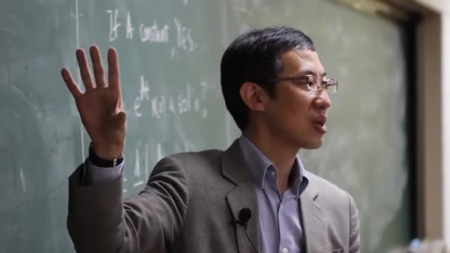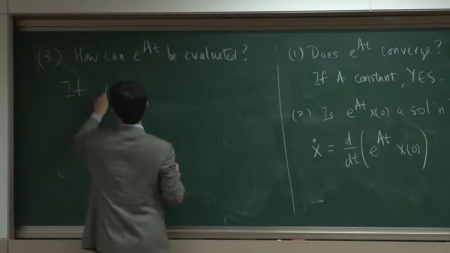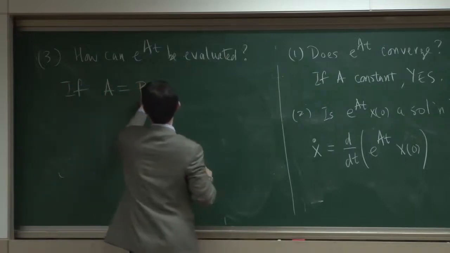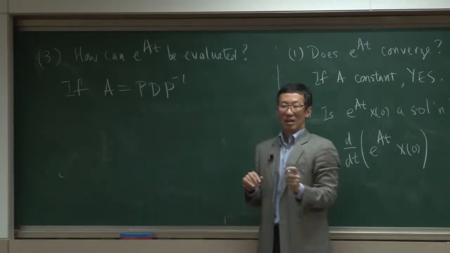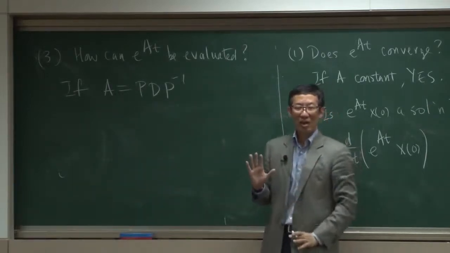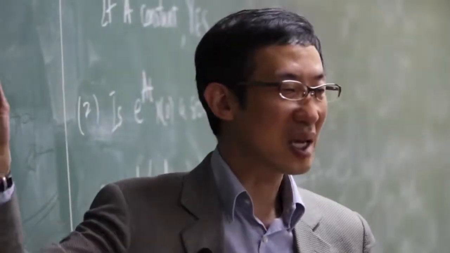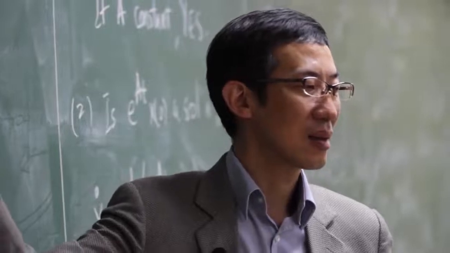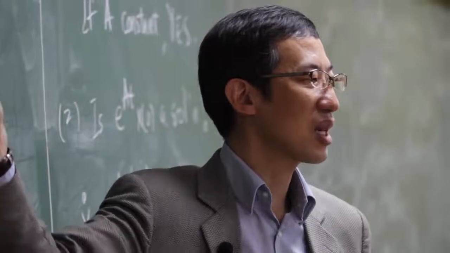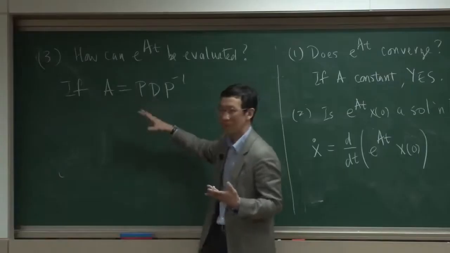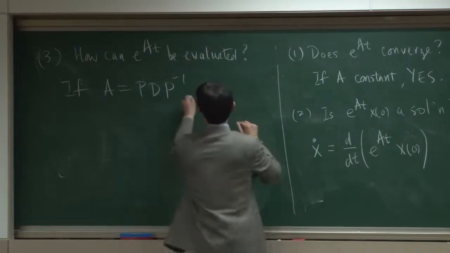If that doesn't work, one way to do this is if a is equal to p times d times p inverse. Some of you probably took linear algebra and spent a great deal of time studying diagonalization of matrices, and some of you might have wondered, well, what good is this? Where can I use this? Here is a great place where you can use this.